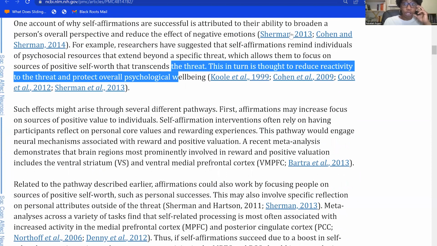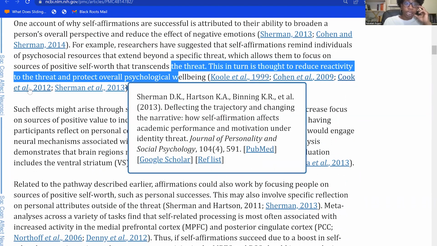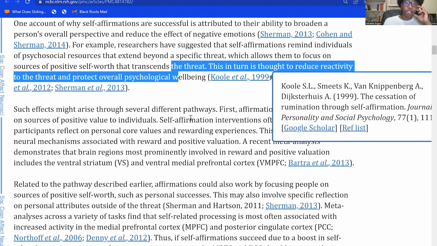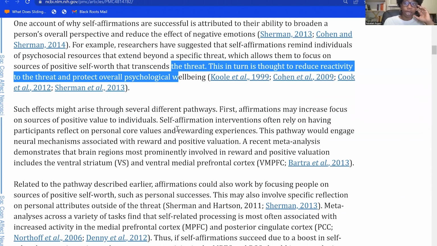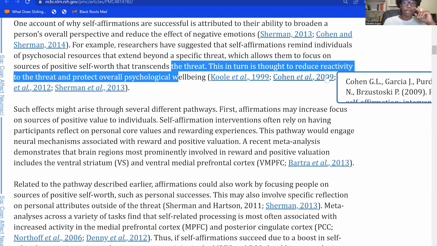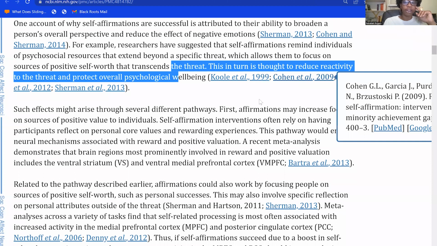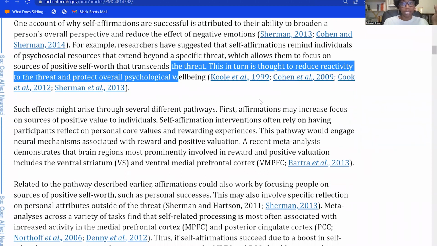Okay, now I see Sherman, Cohen, but I do see Cook mentioned here and I see Kuhl mentioned here. So there are other people besides Sherman and Cohen, but again, Sherman and Cohen are once again mentioned, and the dates for these articles are different than other dates. So they may be different papers. It may also be the same paper that was just republished or published differently at a different time.